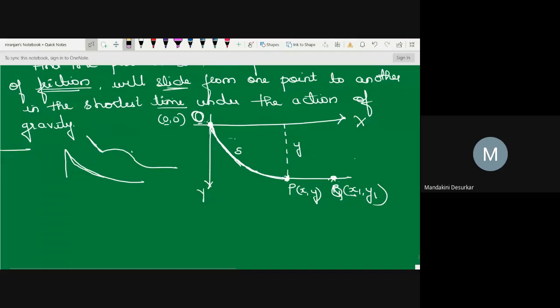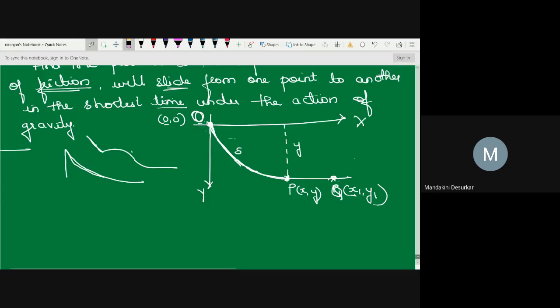At this point the particle is not moving, it is stationary. So what do you say about this? Potential energy. At this point O it is potential energy.